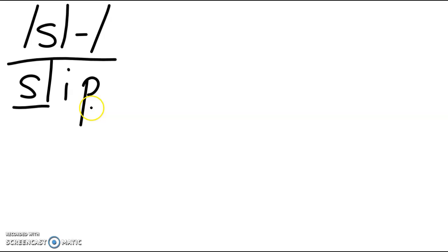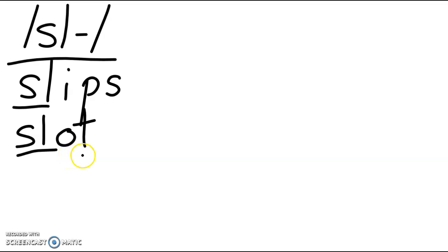Sl, i, p. Word slip. If I put an S on it, now it's slips. Sound sl. Sound ah. Sound t. Let's blend. Sl, ot. Word slot. Put an S on it, now it's slots.